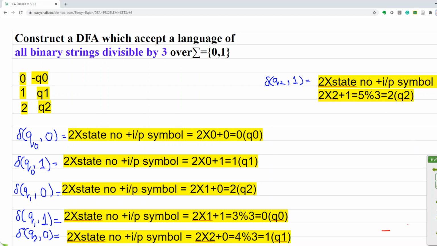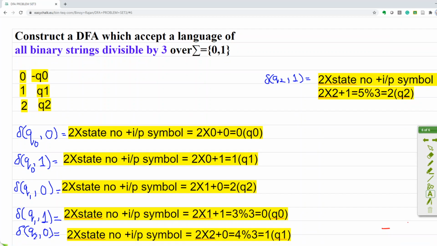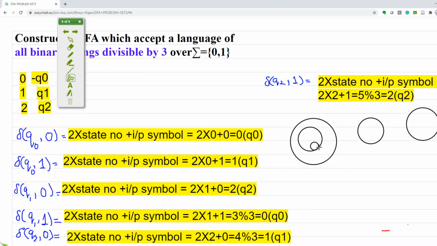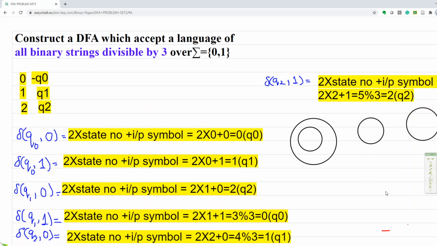Okay, now let's draw the diagram. I need Q0, Q1 and Q2. I'll arrange the transition states.